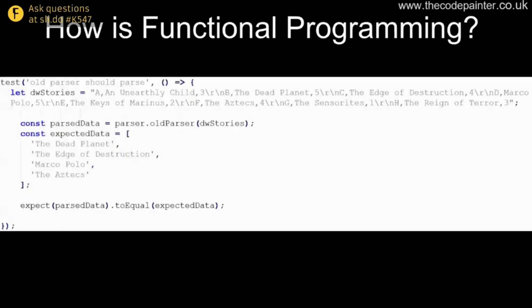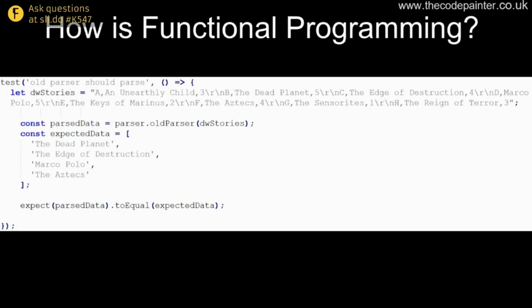So this is my test case. This is what I'm actually feeding into the thing. What I'm doing is taking a small CSV of the titles of Doctor Who stories. For those unfamiliar, Doctor Who is the greatest TV series in the entire world.